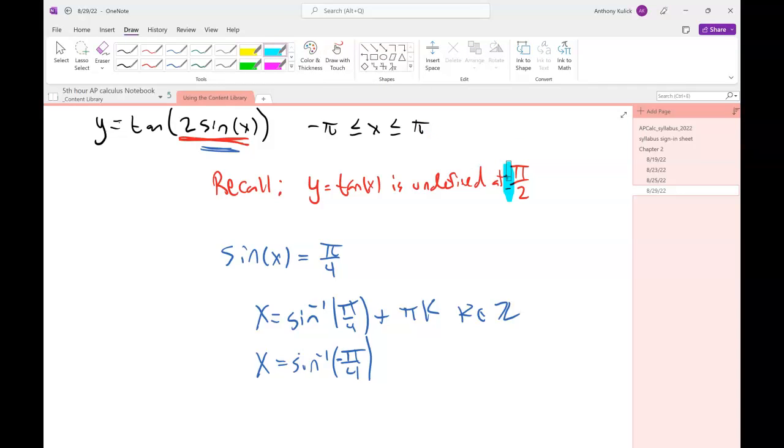Because it's undefined at pi over 2 and negative pi over 2. So I have this plus pi k after it also, and that should take care of everything, I think. How's that feel, Victoria? Is that good enough? Okay. All right.